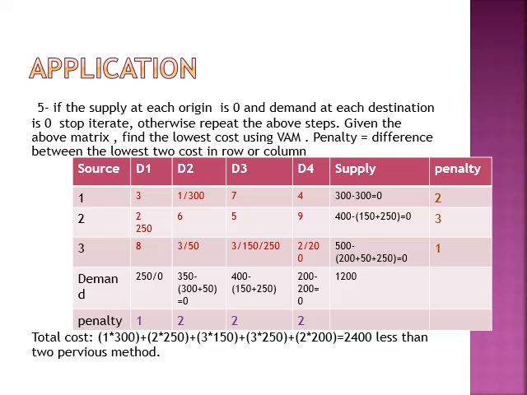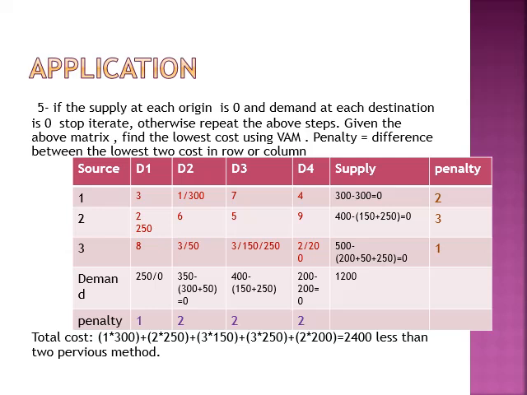The 150 can be supplied by the remaining stock of source 3. Now D1 wants 0, D2 wants 0, D3 wants 0, D4 wants 0, stock of source 1 is 0, stock of source 2 is 0, stock of source 3 equals 0.